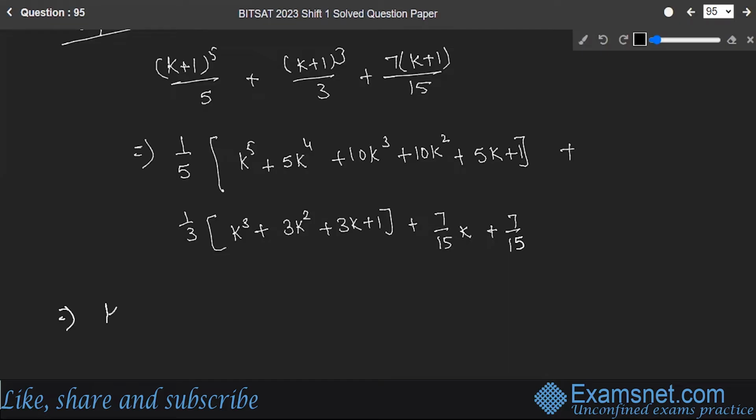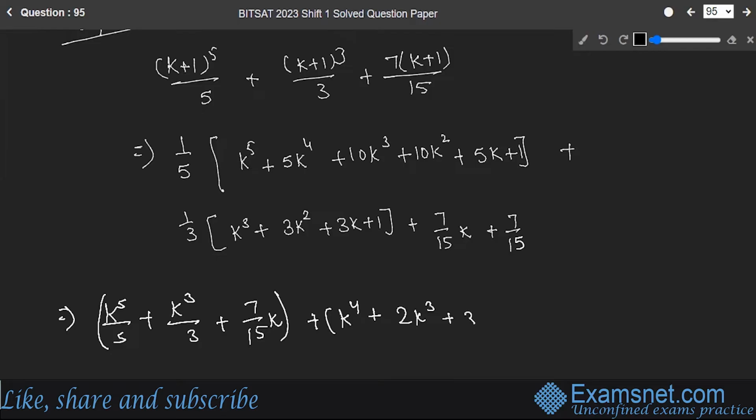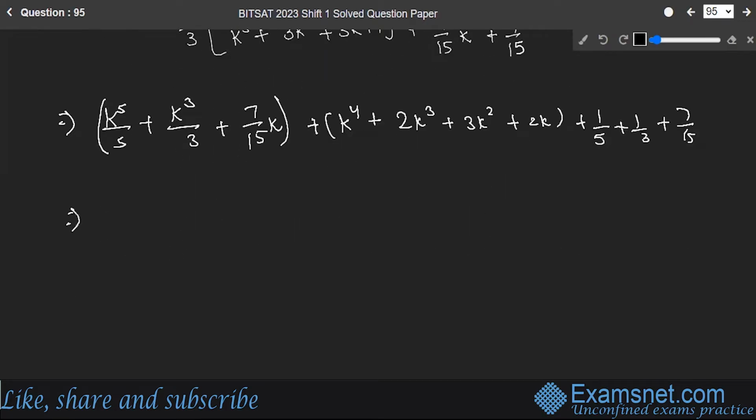So this whole thing on solving will give you k power 5 upon 5 plus k power 3 upon 3 plus 7 upon 15 into k, plus k power 4 plus 2k power 3 plus 3k square plus 2k plus 1 by 5 plus 1 by 3 plus 7 by 15.